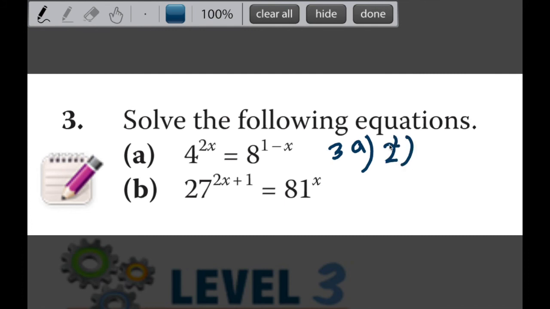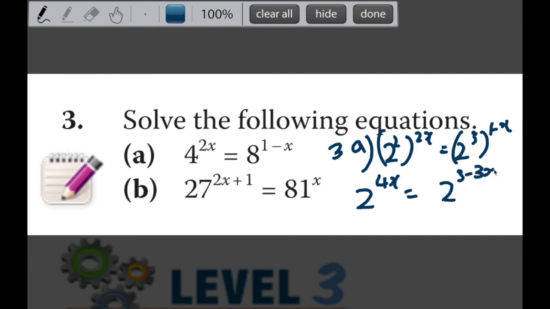So 2 to the power 2 times 2x is equal to 2 to the power 3 times 1 minus x. This will give you 2 to the power 4x is equal to 2 to the power 3 minus 3x. Now let's compare the index. That will give you, plus 3x on both sides, 7x equals 3, x equals 3 over 7.